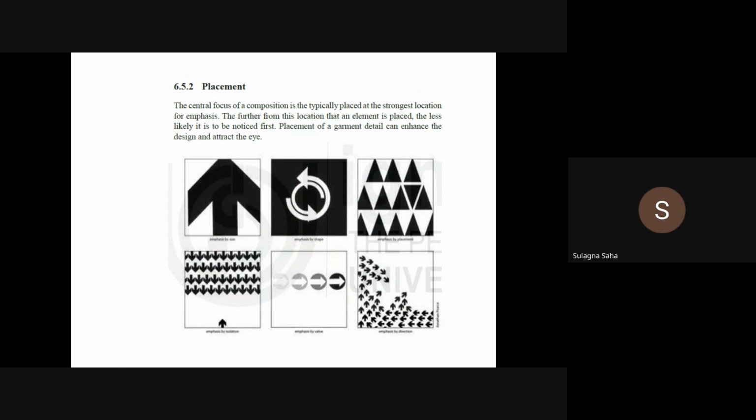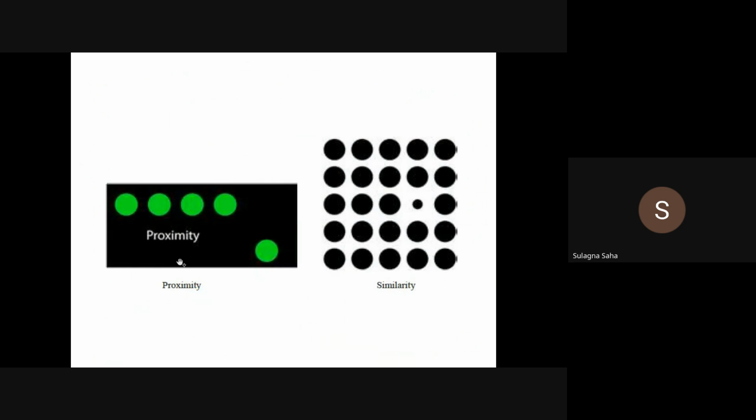So once the focal point is established, we can use proximity, similarity, or continuance to ensure that the specific element or detail is noticed. Proximity is when the primary detail in focus overlaps or touches, and a successive focal accent is achieved.